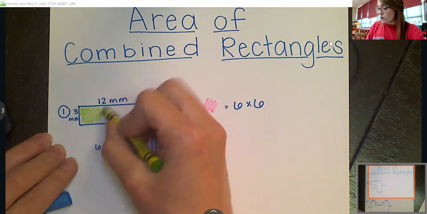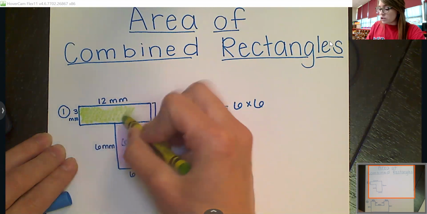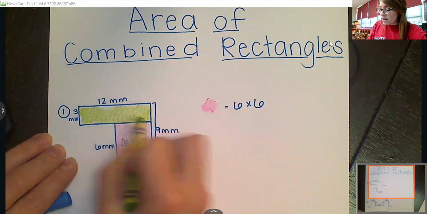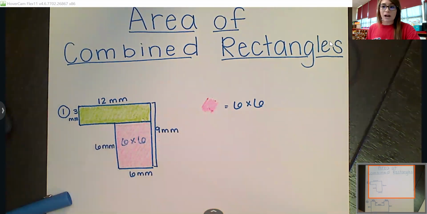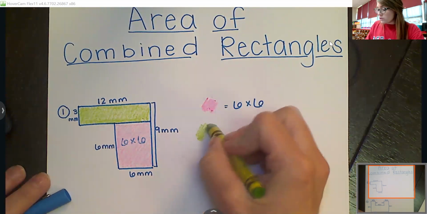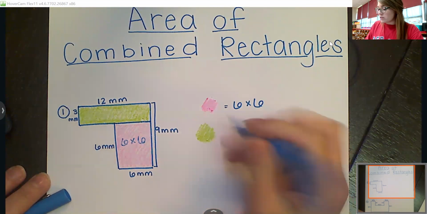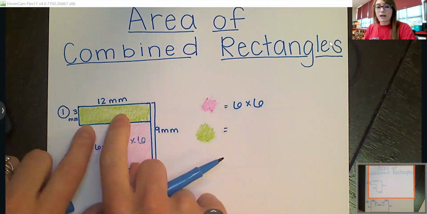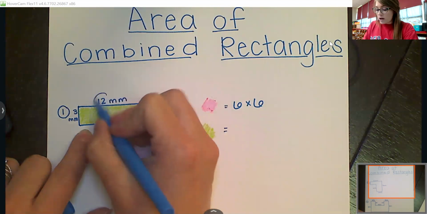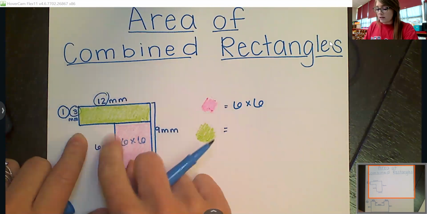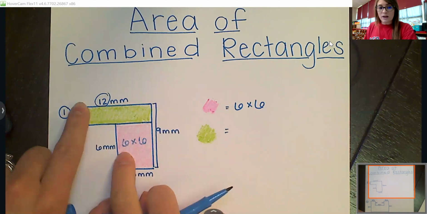Now, when we've got these two rectangles separate, it's much easier to find the area of both. So what two numbers would I be multiplying together to find the area of my green rectangle? Very good. This 12 times 3, the length times the width.